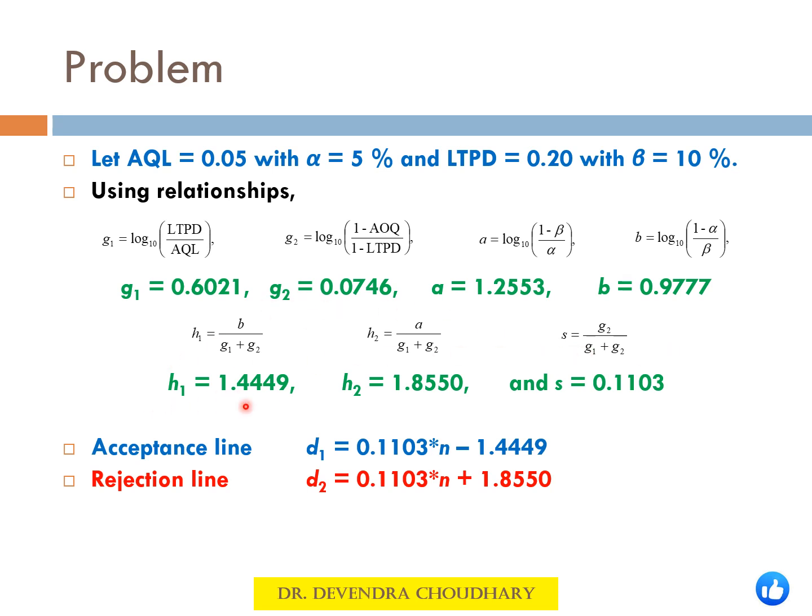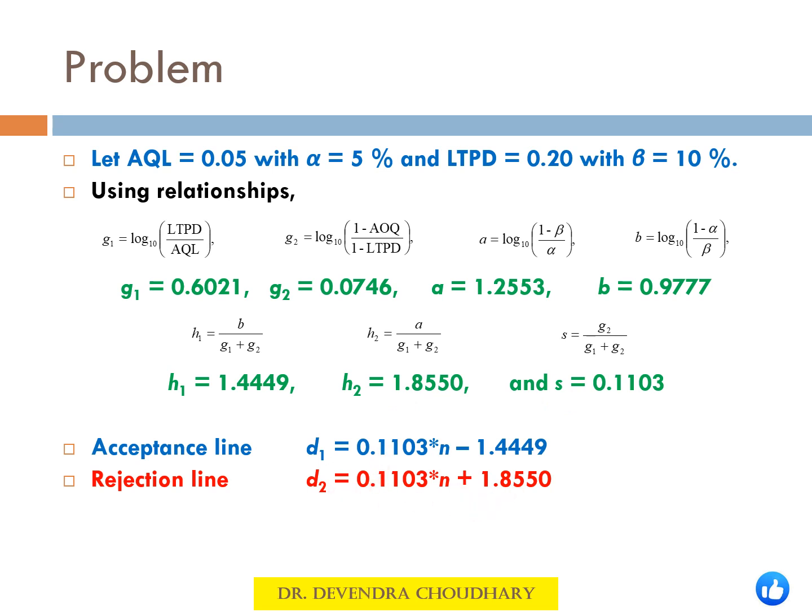We put the values of S and H1 here and get the acceptance line, and similarly when we put S and H2 values, we get the rejection line.